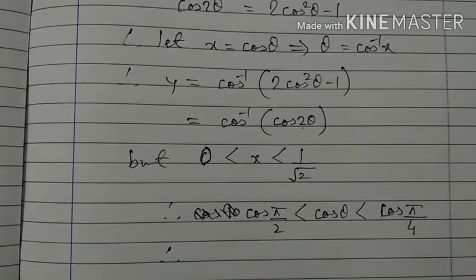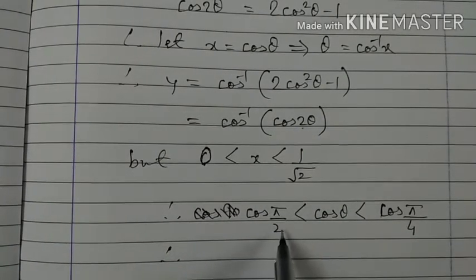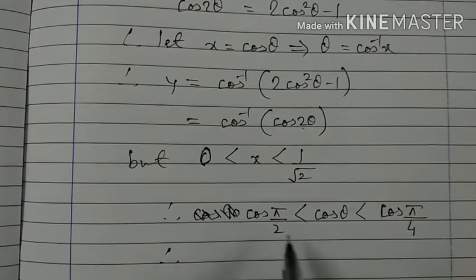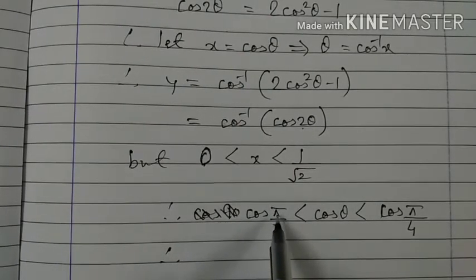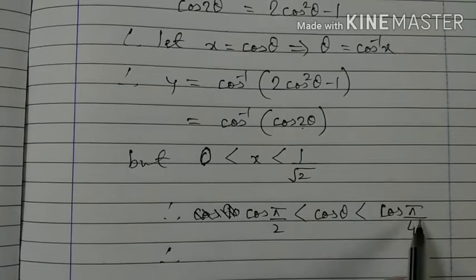Now cos is a decreasing function, my friends. So whenever you are getting an inequality in form of cos and the range is in the first quadrant, here you can see that the angles are 90 and 45.